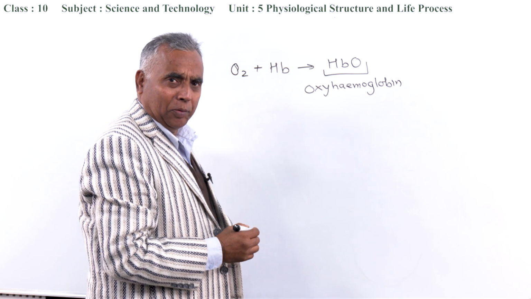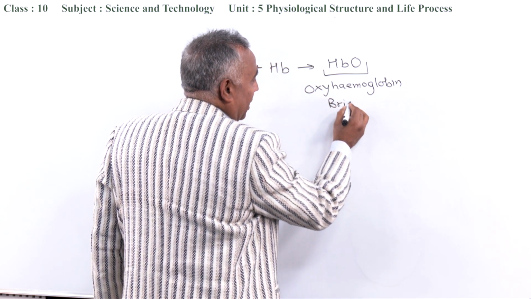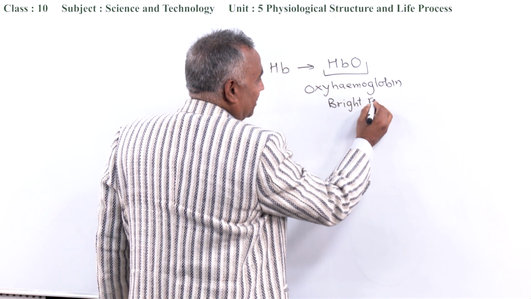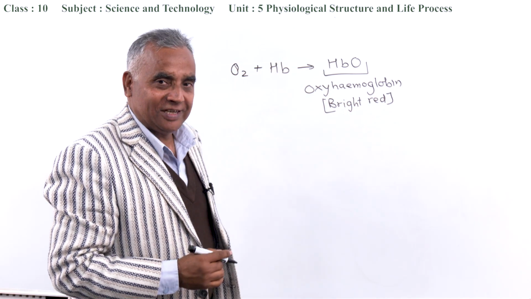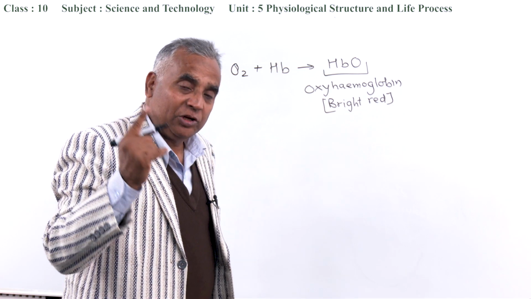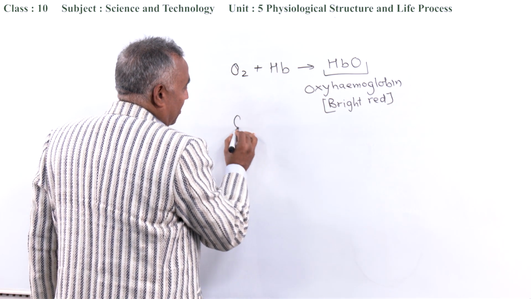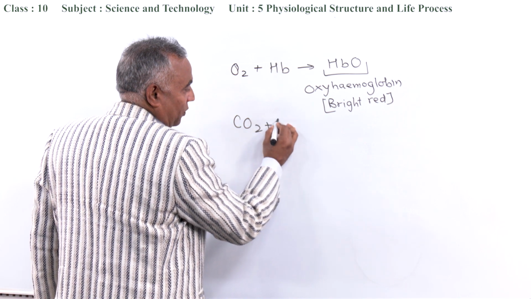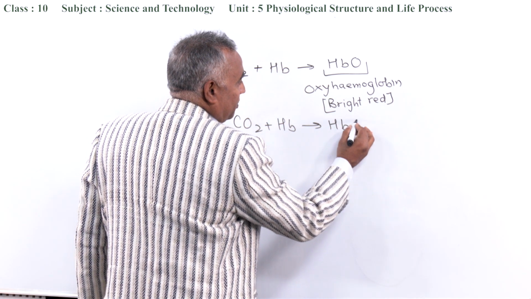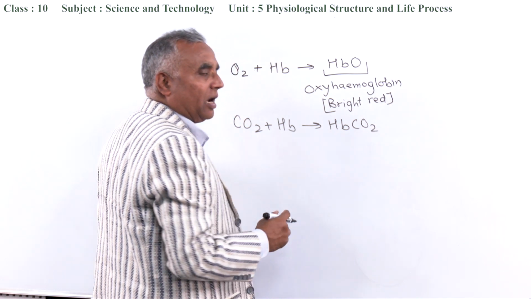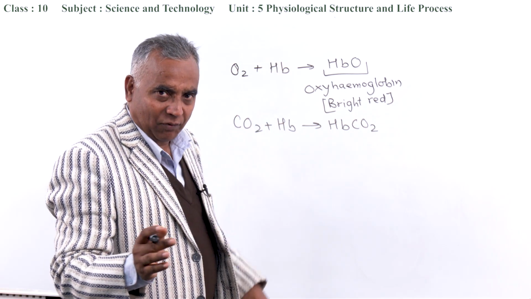Globin you know. And it is bright red in color, or you can say scarlet. And we say that it is pure blood, oxygenated blood. These terms will be used later in other topics. And when carbon dioxide is combined with hemoglobin, it forms HbCO2. That means these two are combined. I am saying that it is not the correct molecular formula.